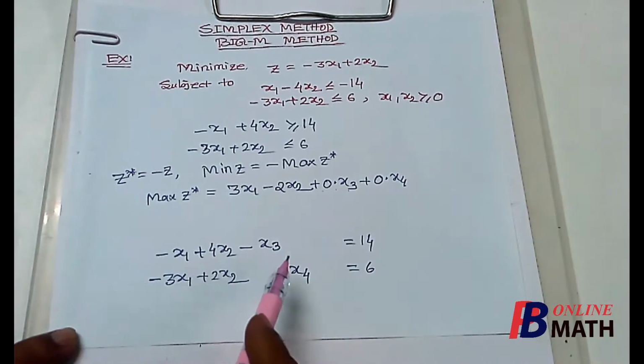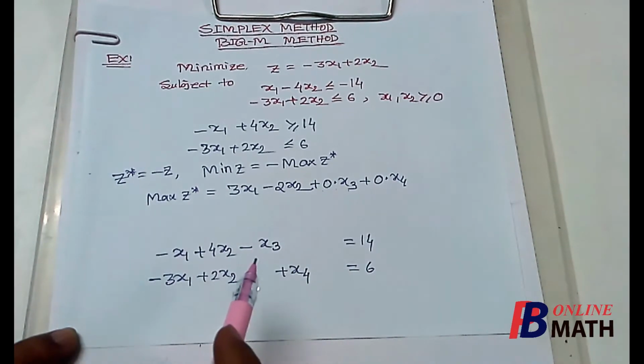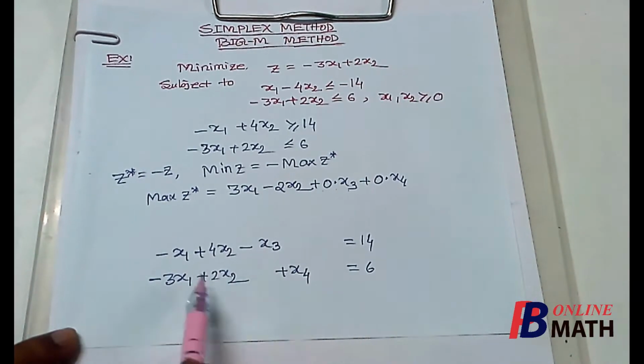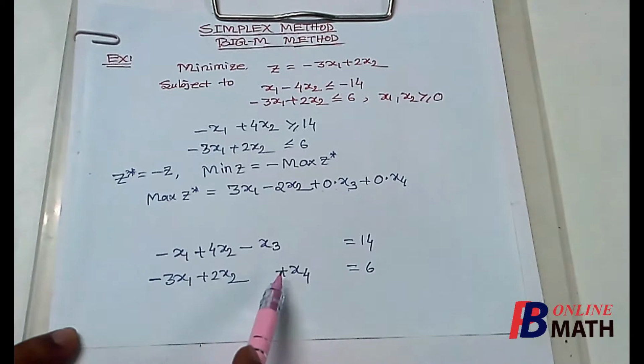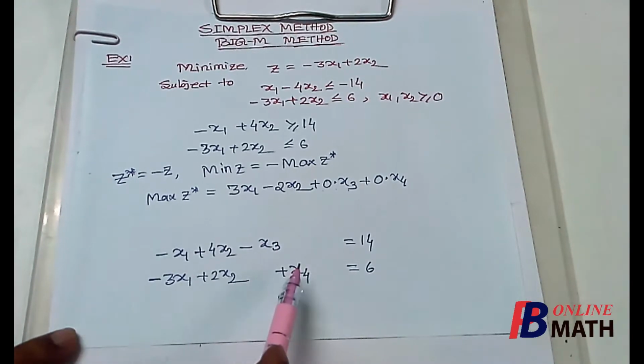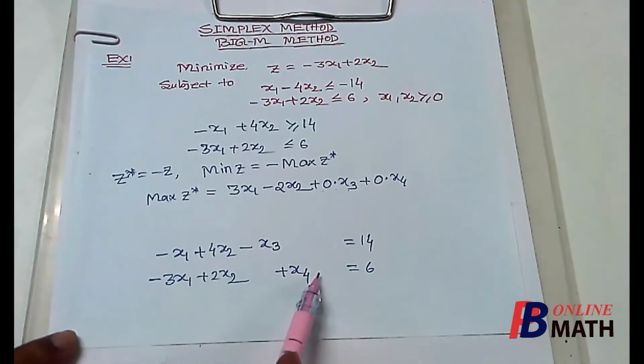Now we start the solution procedure. For that we have to select initial unit basis vectors. Since there are two constraints, we have to select two initial unit basis vectors. Here we find that there is already one unit basis vector, 0 1, corresponding to the slack variable x4, but we need one more unit vector, 1 0, and there is no variable for which such a unit vector exists.